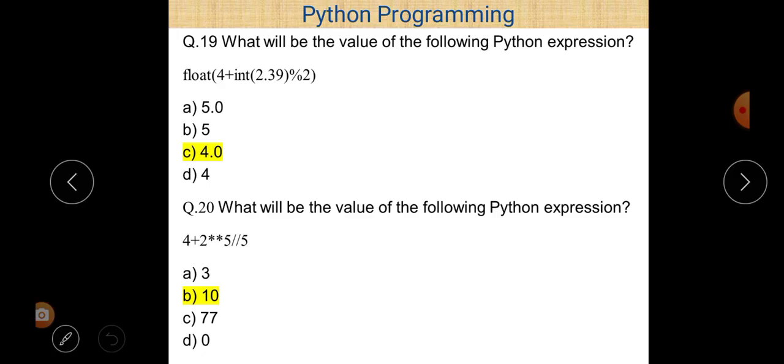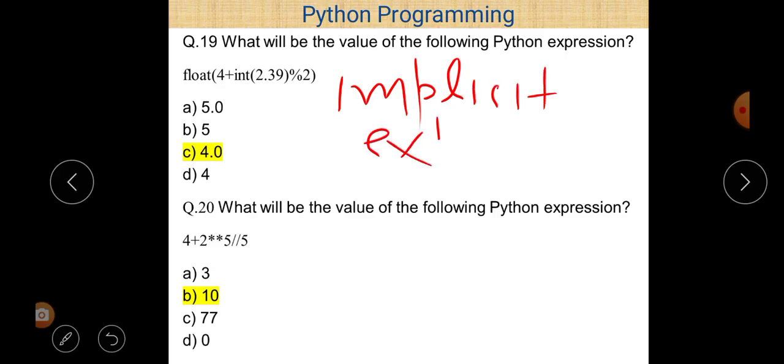So before solving this question, I will give a brief description of type conversion. There are two types of type conversion in Python: first is implicit and second is explicit. Implicit type conversion is done by the Python interpreter itself.